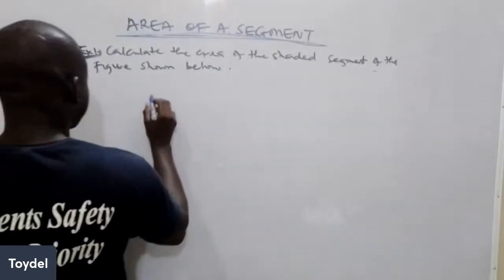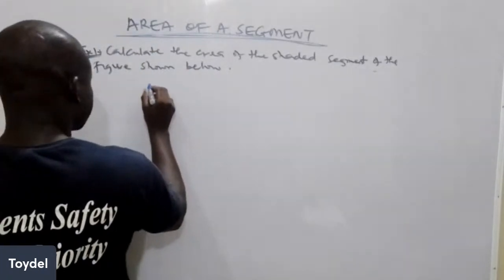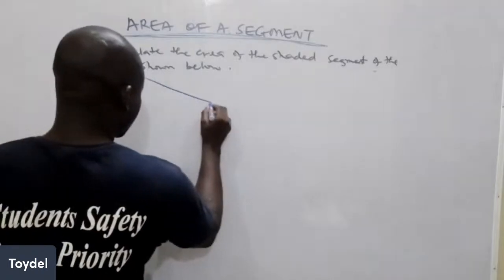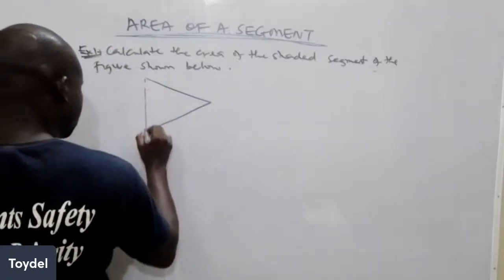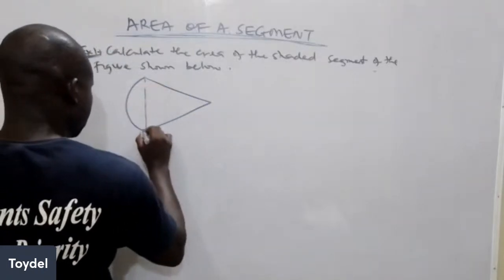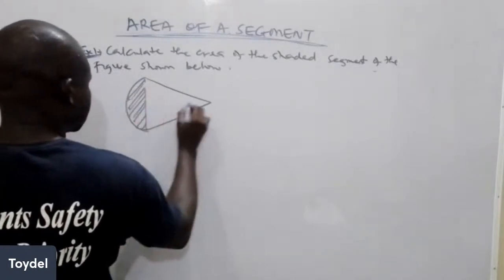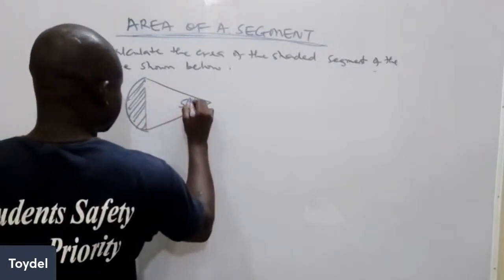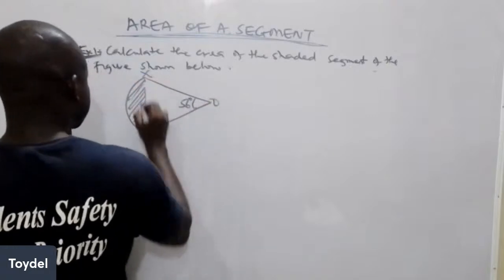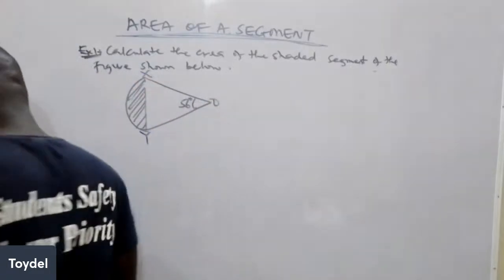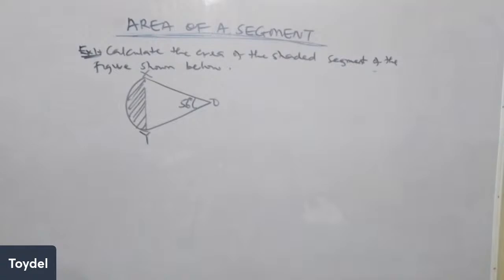So this is the figure. So this is the shaded portion here. Okay, and here is 56 degrees. Let's say this is O, X, and Y. So that is the figure.